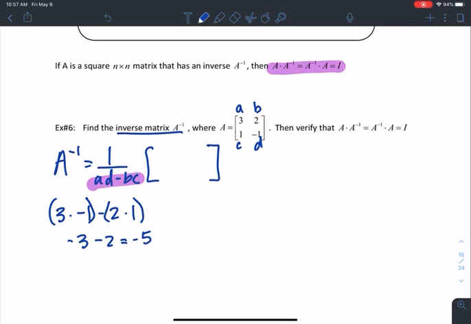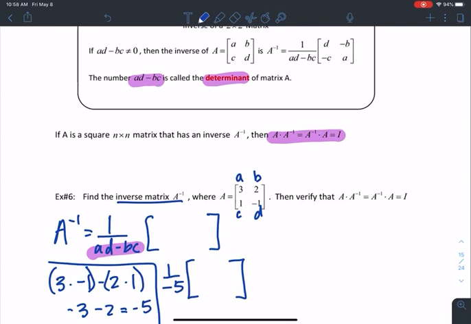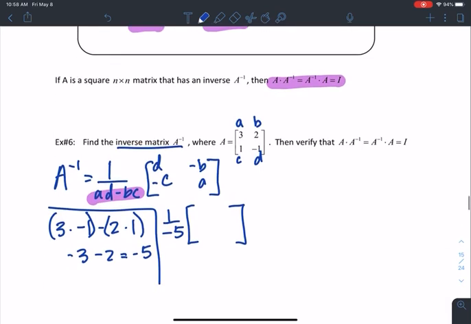All right. So continuing on here, I'm just going to put a little box around this. 1 over this answer we got, -5, times, and this is where some things switch around. So A and D switch, and B and C become negative. So the -1 is here now, the 3 is here now, and now these are both negative.